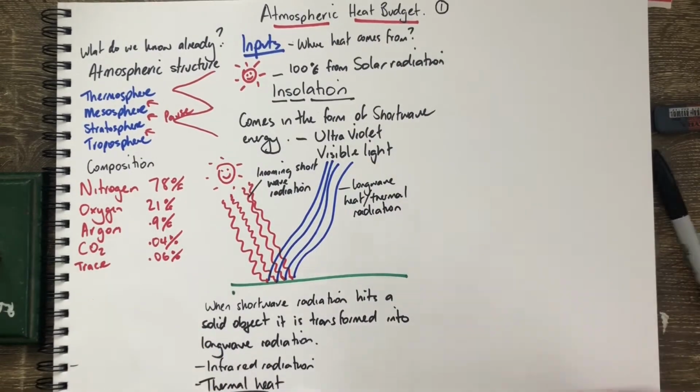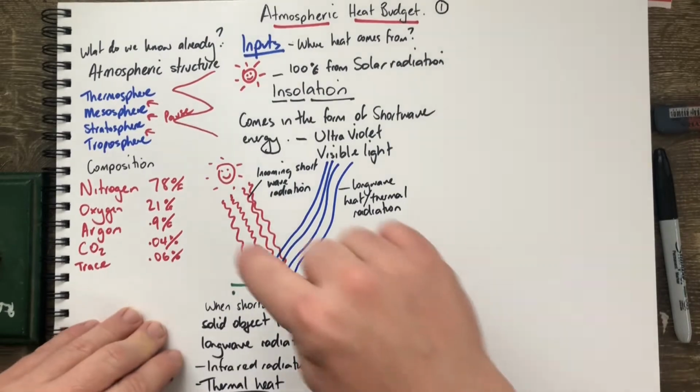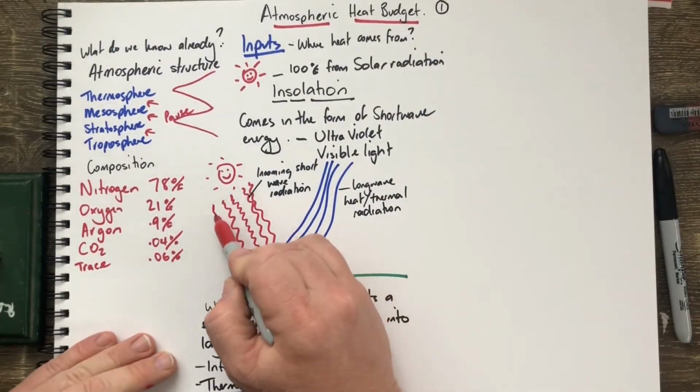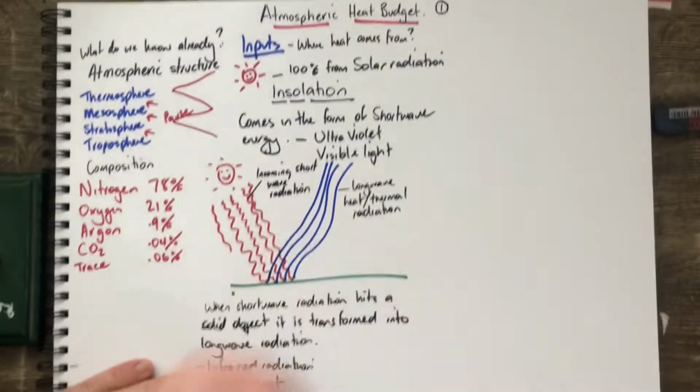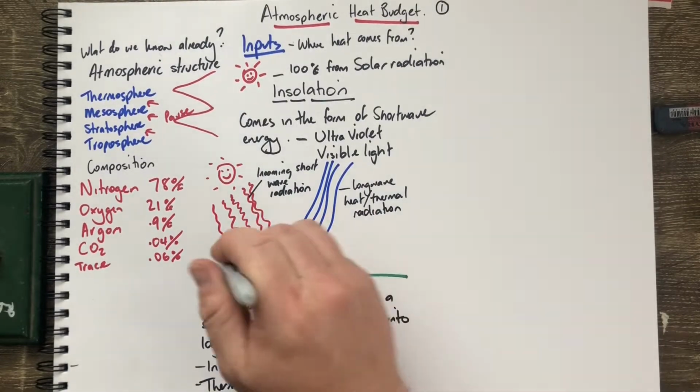So if we think about this incoming solar radiation, it doesn't just hit the surface, it actually hits some other objects as well, like little particles of atmospheric dust, or it might hit droplets of water.